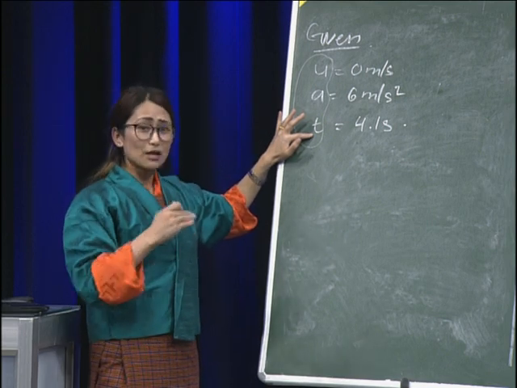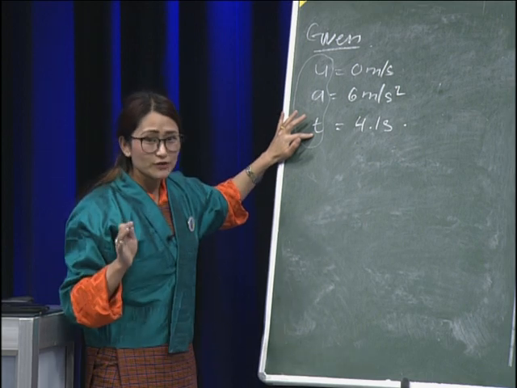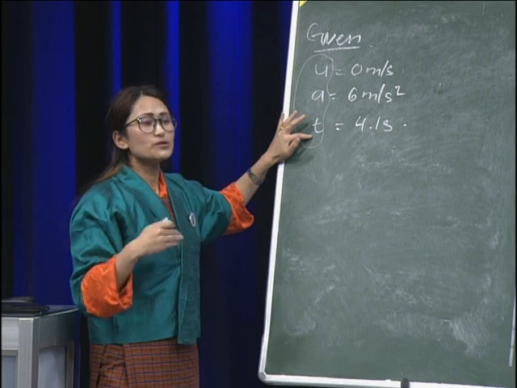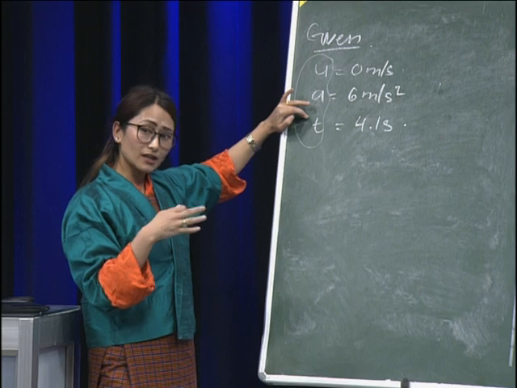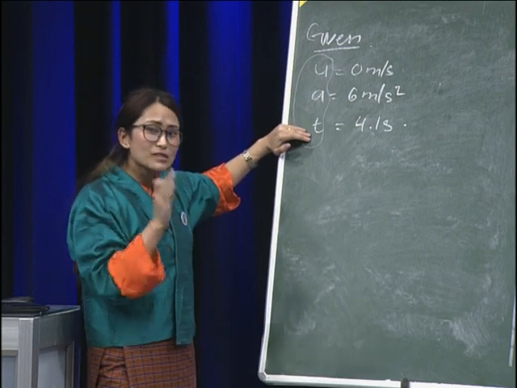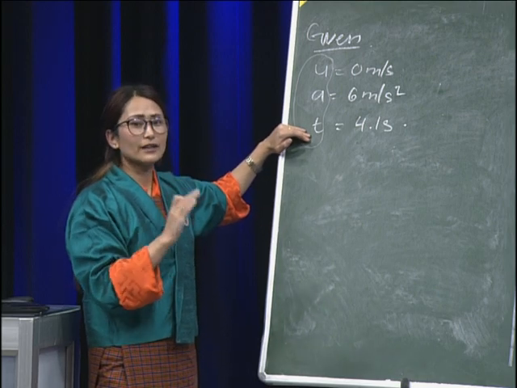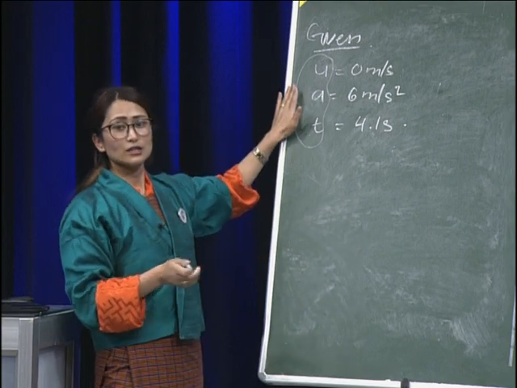Recapitulate the three equations from the derivation, and choose the one with u, a, and t, but without the final velocity, because the final velocity is not given in the question.